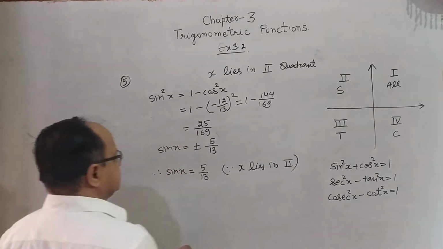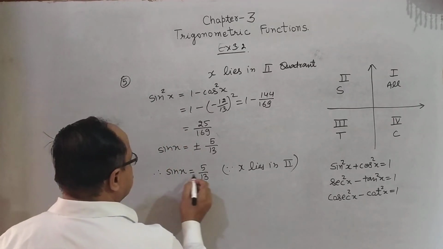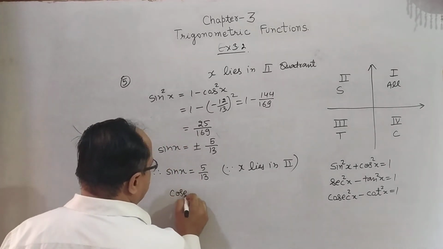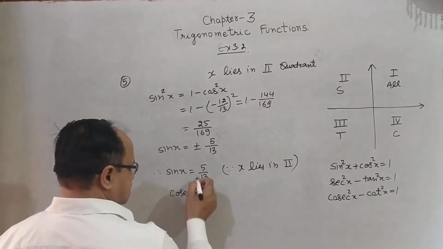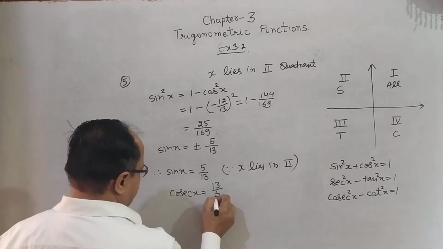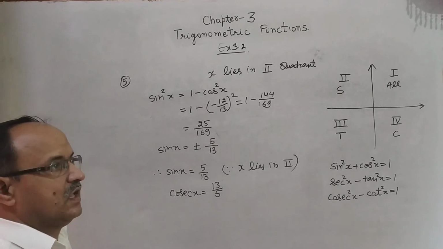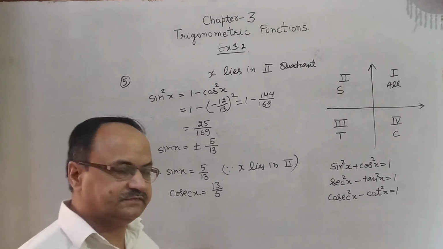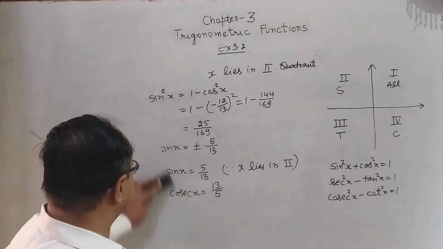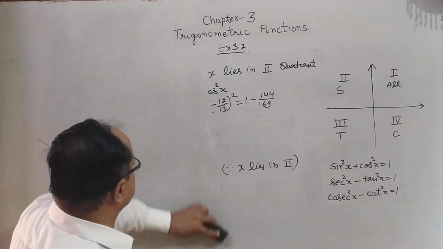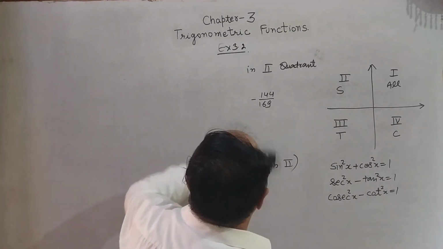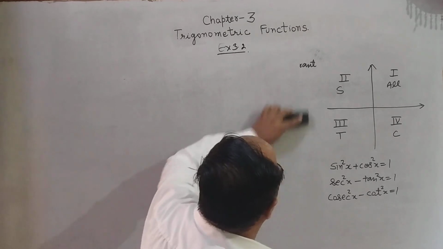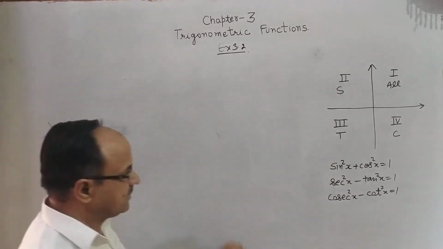Cosec is the reciprocal of this, 13 by 5. Similarly, you can solve the other part. Clear? This is question number 5.